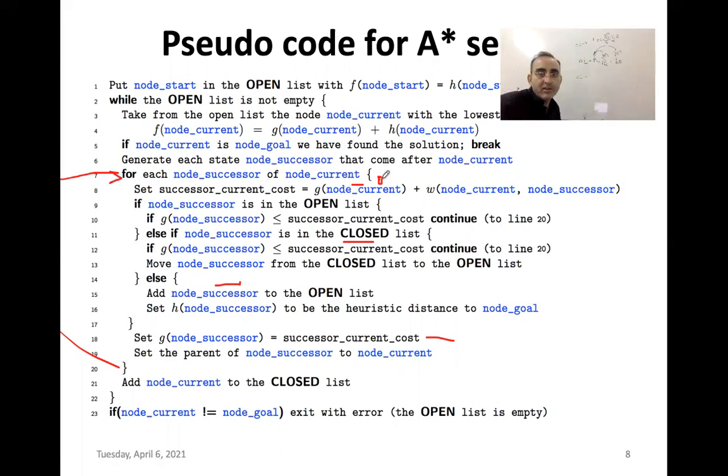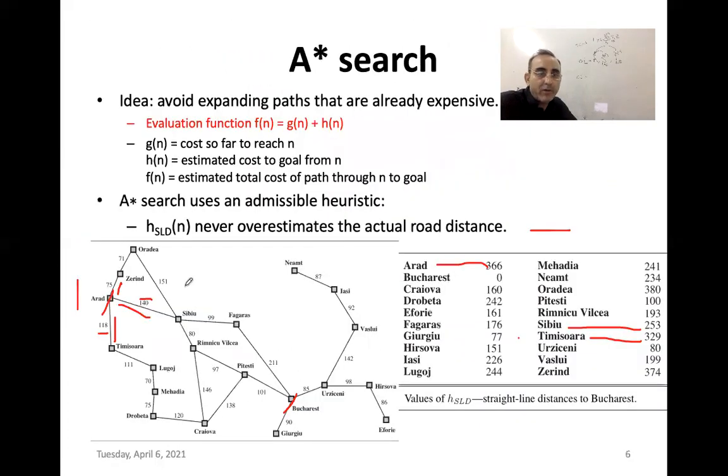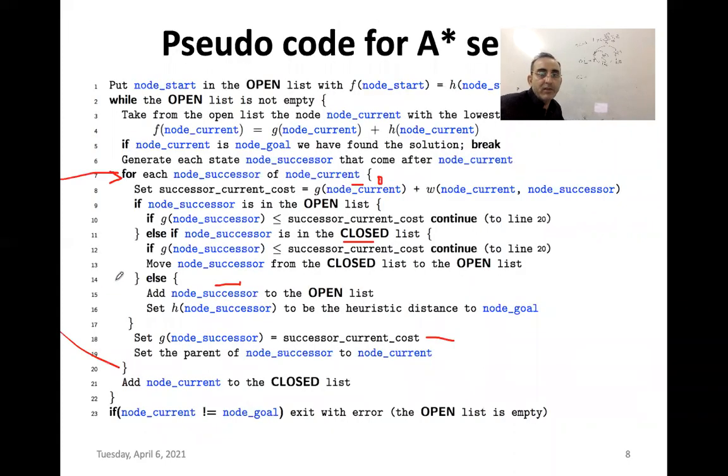It is again 0, since the current node is Arad, so the actual cost of Arad is 0. 0 plus the weight from Arad to Sibiu, which you can see on the map. From Arad to Sibiu, it is 75. So 0 plus 75 is equal to 75. So this is the current cost, 75.